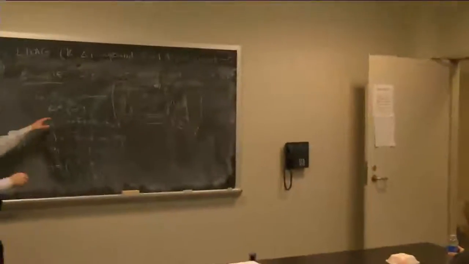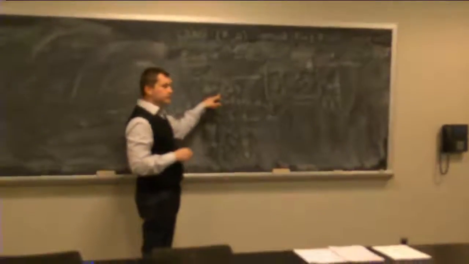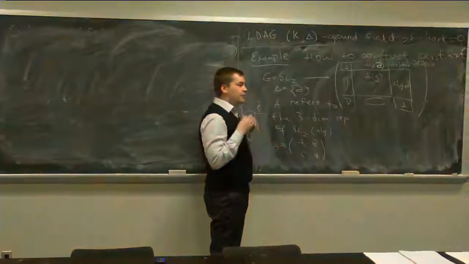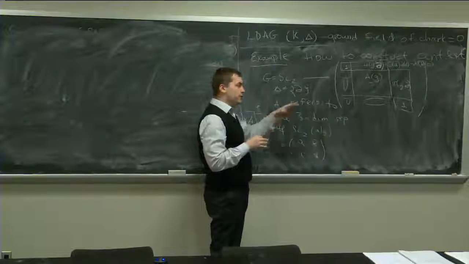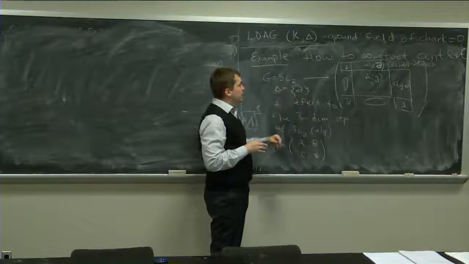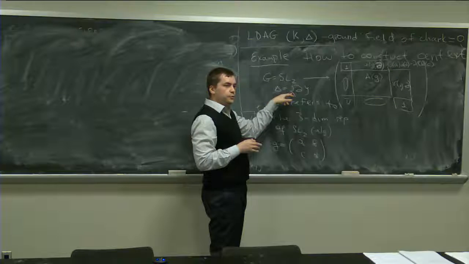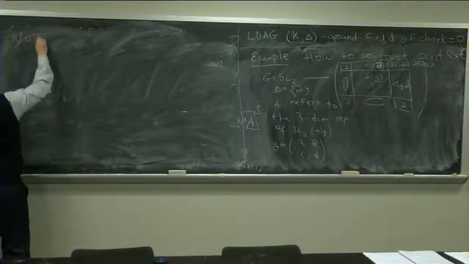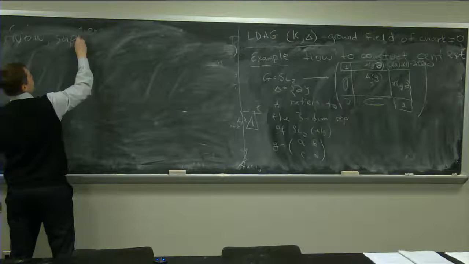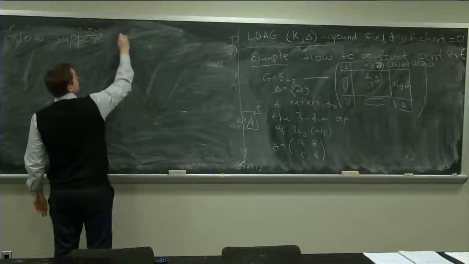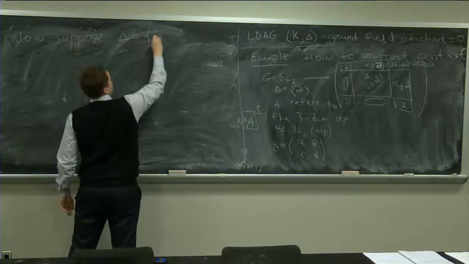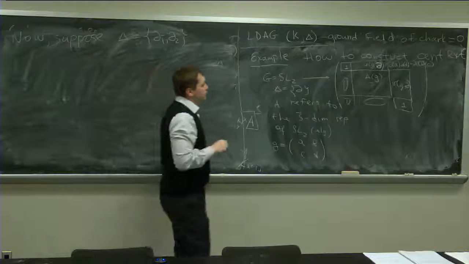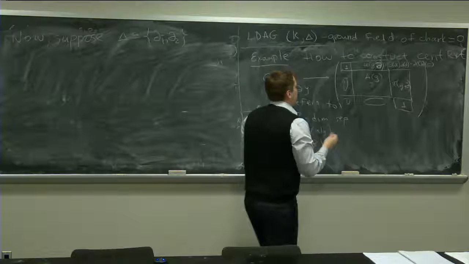So this was for the case of one derivation. As I told before, there are no counterexamples in this case. So now assume we just want to change a little bit this representation in the case when delta consists of at least two derivations, delta 1, delta 2, maybe more, but at least two.